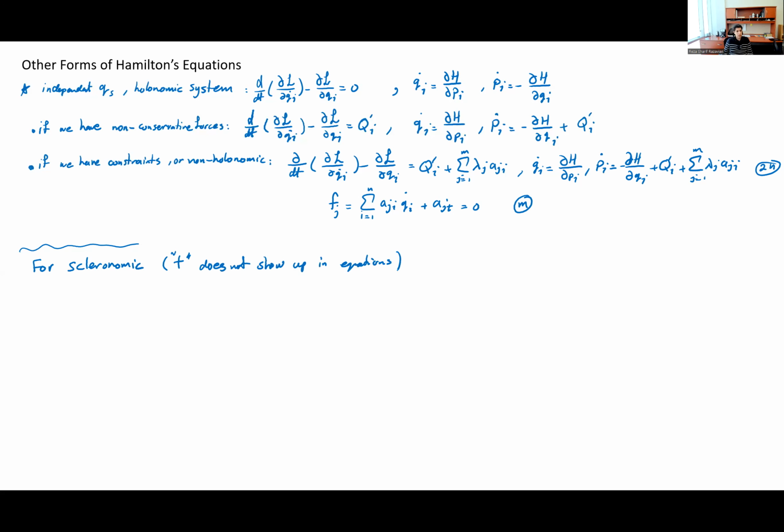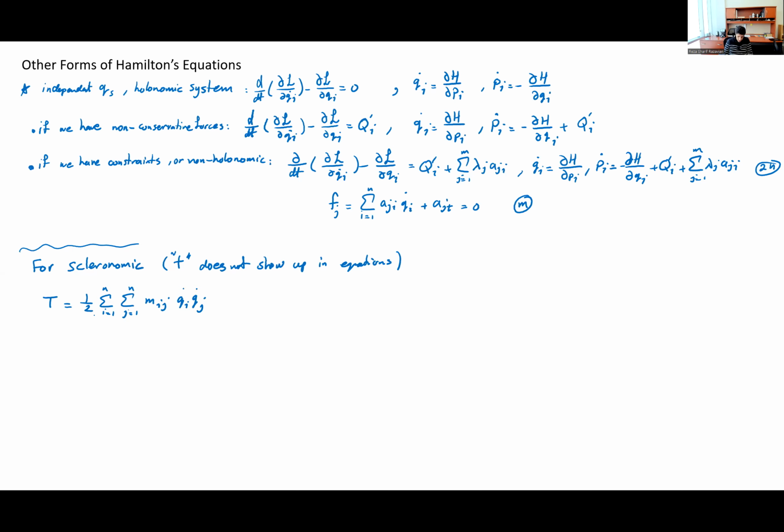For those particular systems, remember we can write the kinetic energy as one half, the summation over i from 1 to n, the summation over j from 1 to n, of M ij q dot i q dot j.